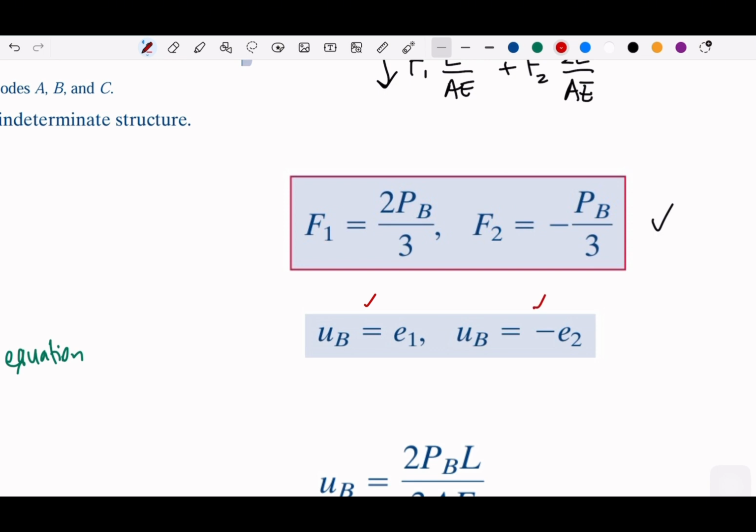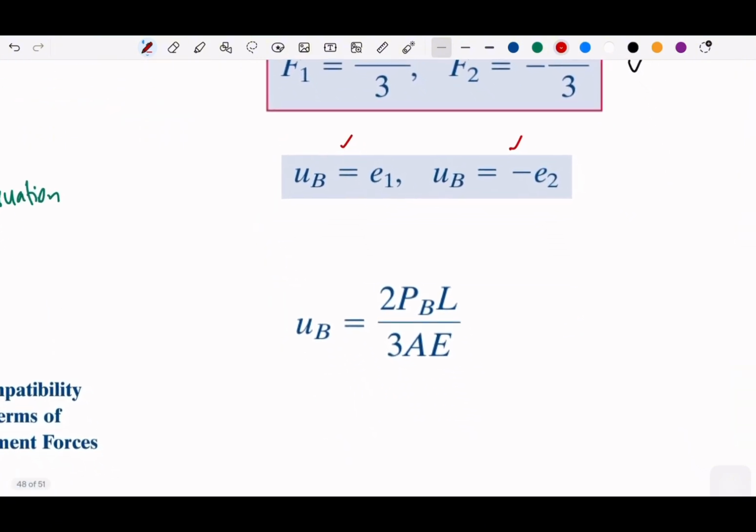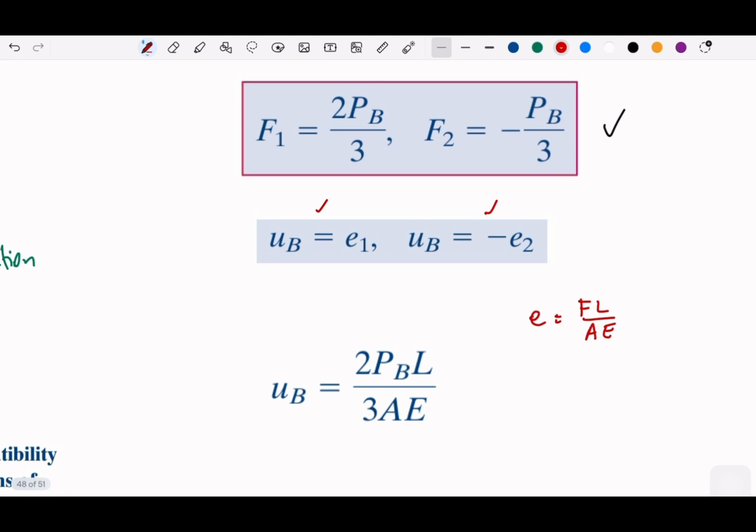Then combining all the equations from before, we could rewrite the UB using FL/AE, but we are going to use f as defined here. So that's how we get the UB.